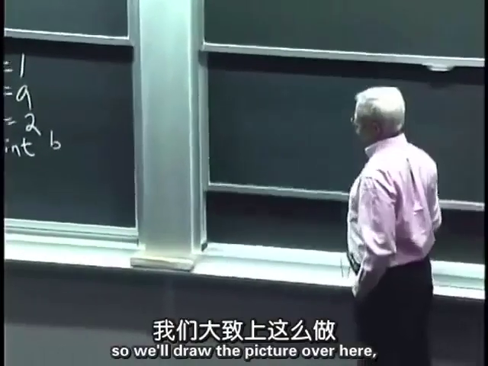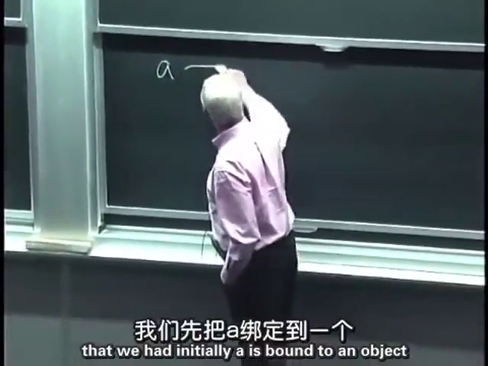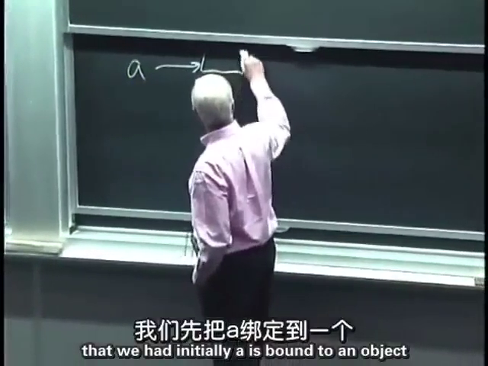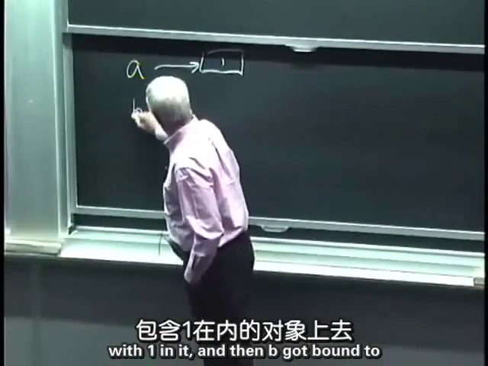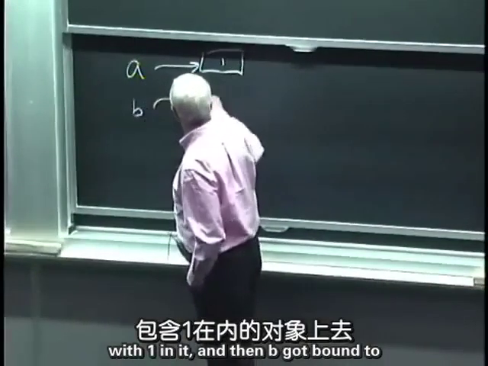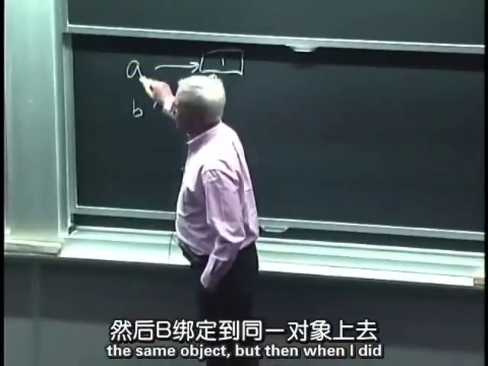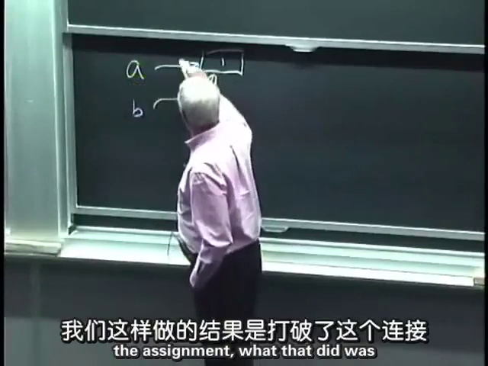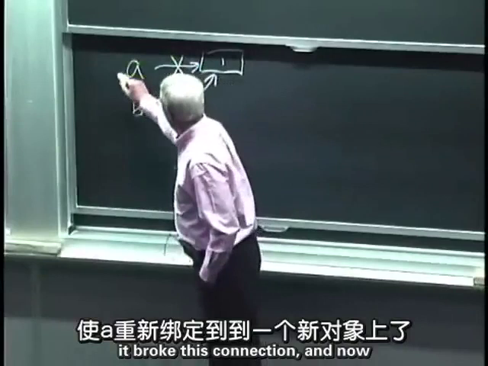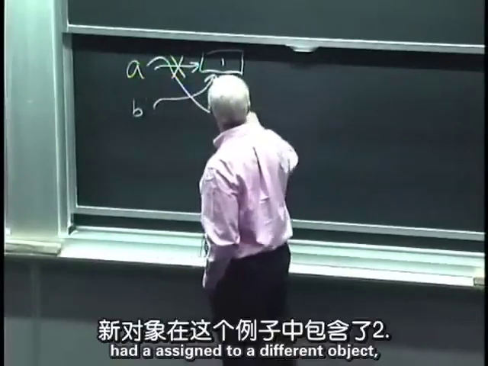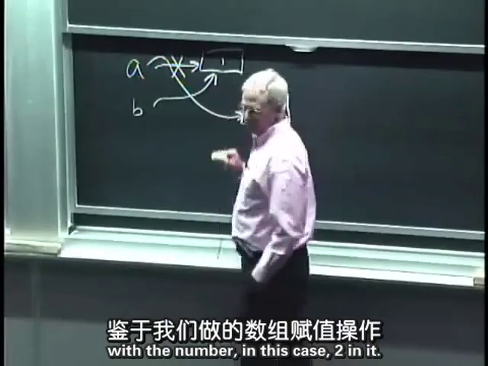So we'll draw the picture over here. Initially A is bound to an object with 1 in it. And then B got bound to the same object. But when I did the assignment, it broke this connection, and now A is assigned to a different object with the number, in this case, 2 in it.